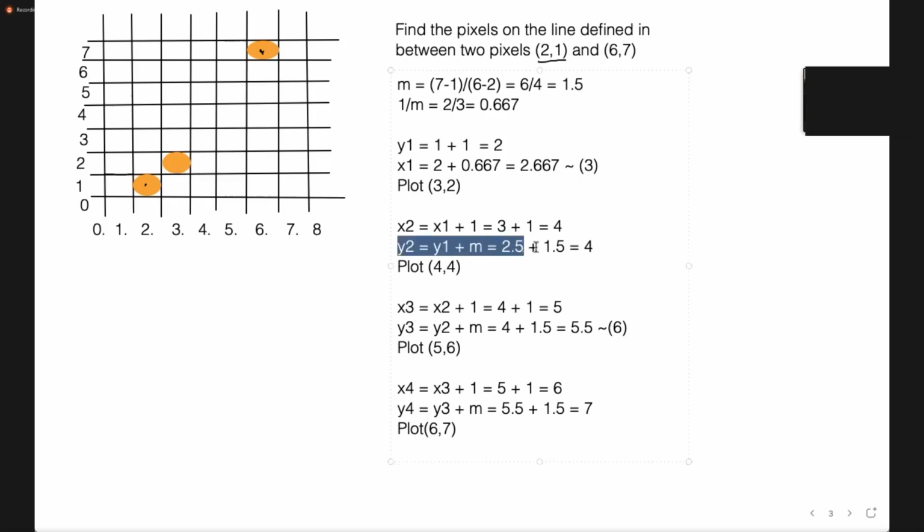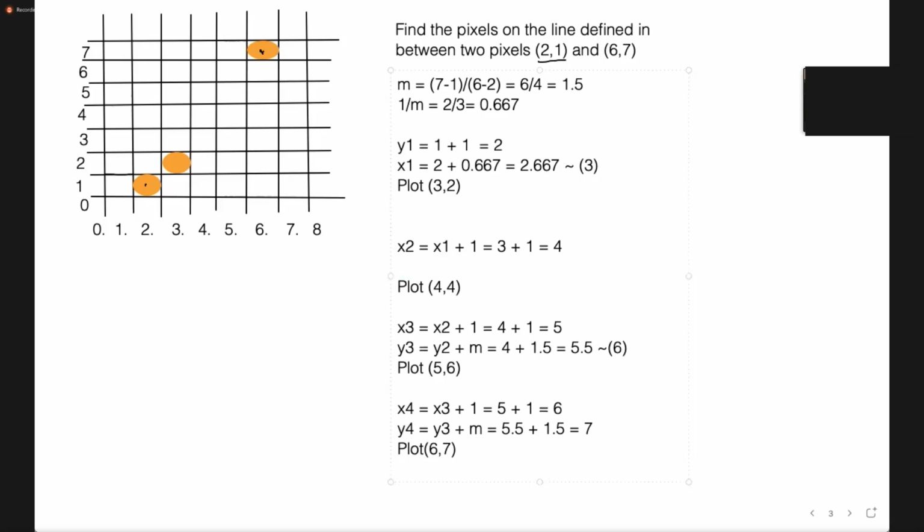Next again we have to calculate first y. We are incrementing on y direction. By incrementing on y direction, we calculate y plus 1 over m.